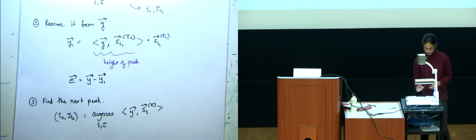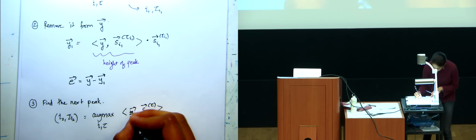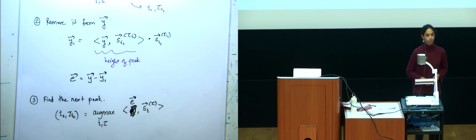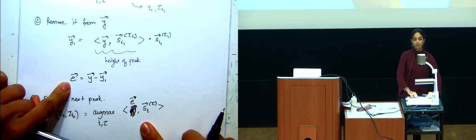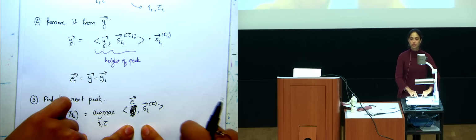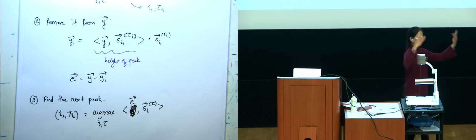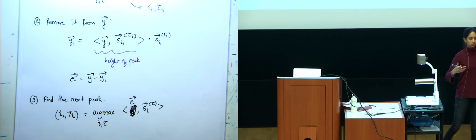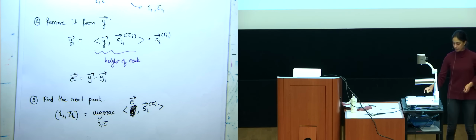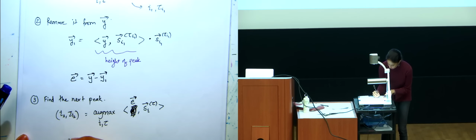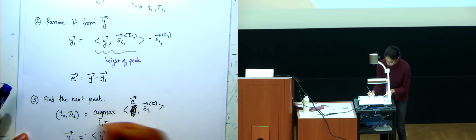Take this e. Oh, messed up. This should not be y. This should be e. Take what is left and now find out the next code that matches it the best, right? And now kind of keep going. Right? That's what we did. Every time we found a peak, and then you'll find a y2, which is the second peak.